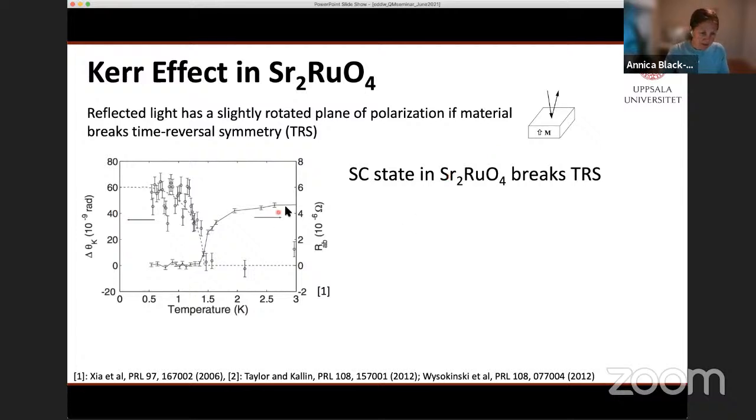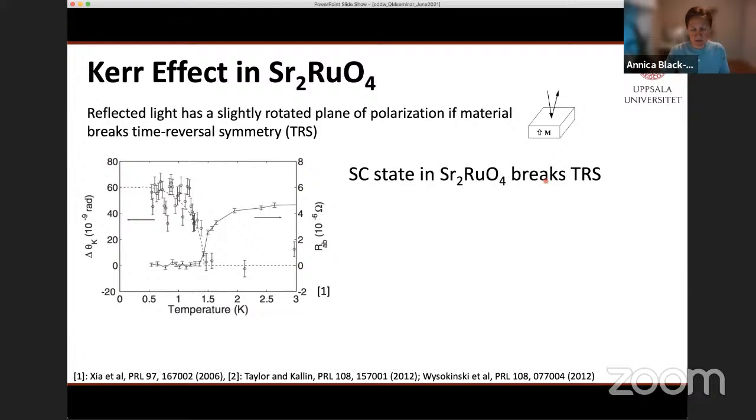This is the resistivity data coming down and showing the superconducting transition here. Then measuring this Kerr rotation through the rotation of the reflected light, it picks up exactly at the phase transition and goes up here. And you note that this is nanoradians, so it's small, but clearly non-zero in the superconducting phase. So it really looks like the superconducting state is breaking time reversal symmetry in this material.